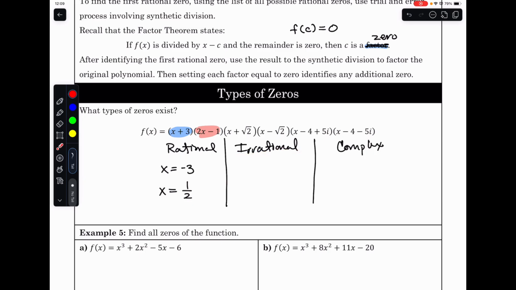That's the result of having to use the quadratic formula, and we end up with the square root of some non-perfect square. Like right here, x will equal negative square root of 2 or positive square root of 2. We're going to notice about these numbers, along with the complex numbers, that they always come in pairs.